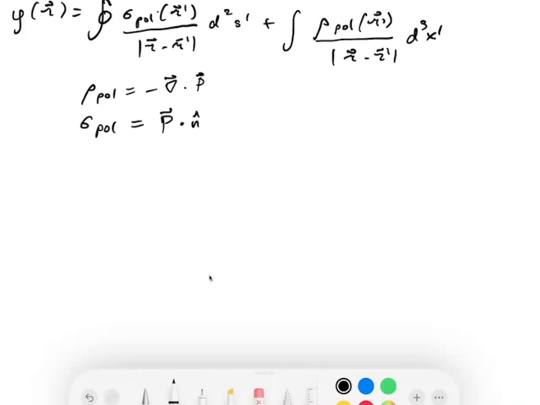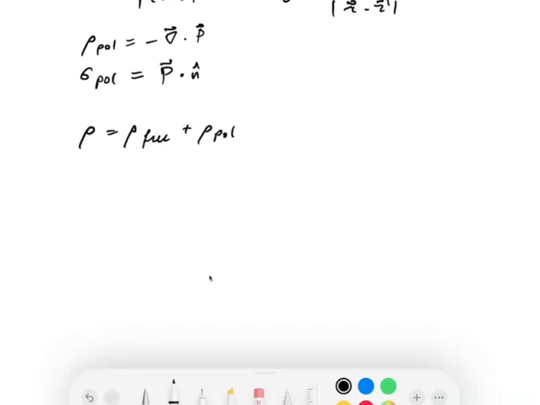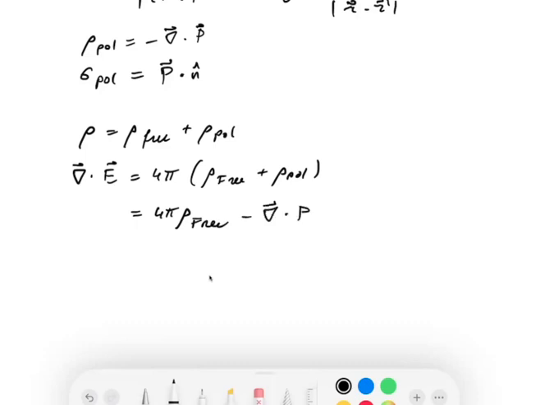So the rho, we're going to define as the rho of free charge carriers and the rho of this polarization. And then Gauss's law should say that the divergence of E should be 4 pi times, well, now I have to take rho free plus the rho polarization. But the rho polarization is actually minus the divergence of P.